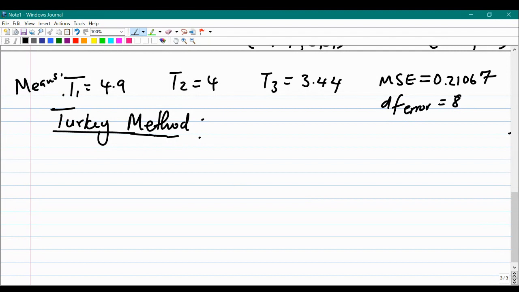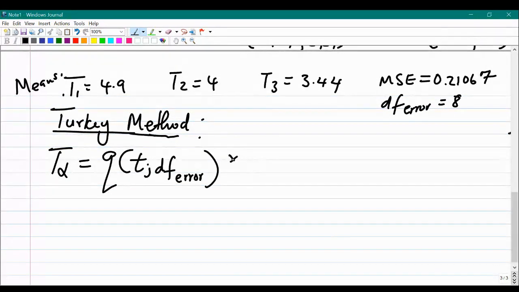So here you don't have to worry about solving a problem with missing observations. Because if you are given a problem with a missing observation, rule number one, before you can do any calculation, you must first estimate that value using the formula that Mr. Luo showed you. So the Tukey method is given by q alpha (t, degrees of freedom of error) multiplied by the standard error, which is the square root of MSE over b.